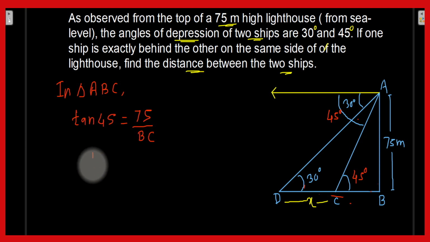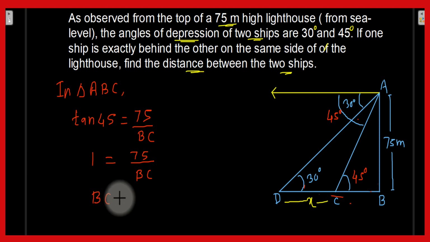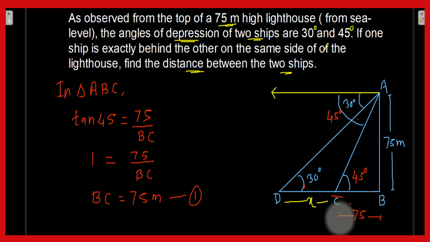Tan 45 is 1. So 1 is equal to 75 upon BC. So cross multiply, take BC to this side. So it will be BC is equal to 75 meter. So let this be equation number 1. So this BC we have got as 75 meter. Now we will take the triangle ADB.